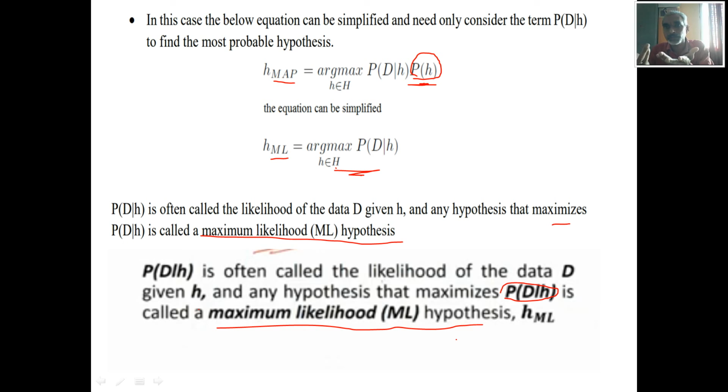Here we are saying for all H belonging to H, you might have 4 hypotheses, H1, H2, H3, H4, or many hypotheses. For all hypotheses, the probabilities are equal. So we can treat it as a constant. It doesn't matter for us, so you remove it. Then we call it the maximum likelihood hypothesis.